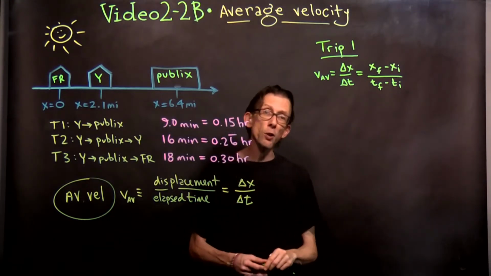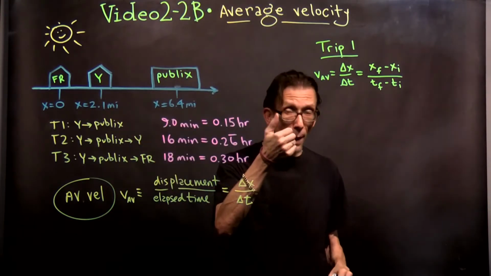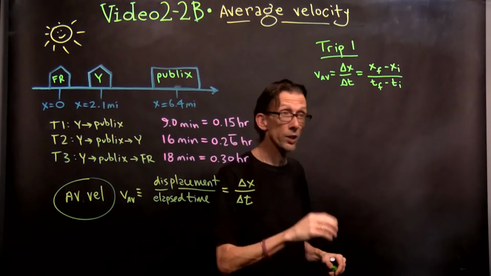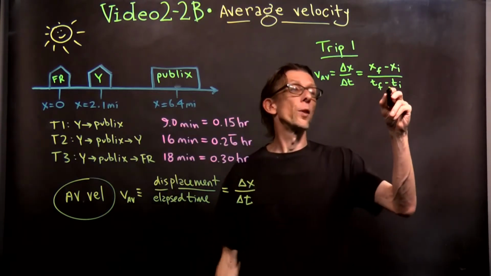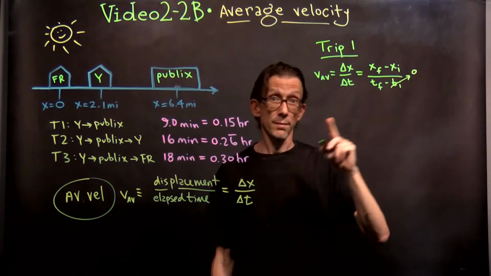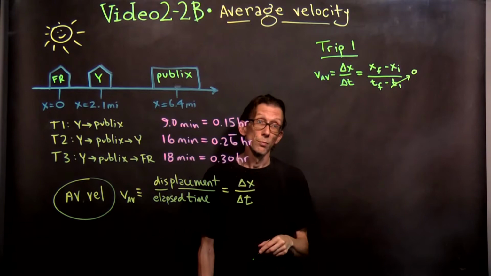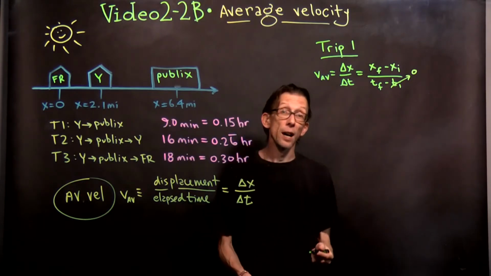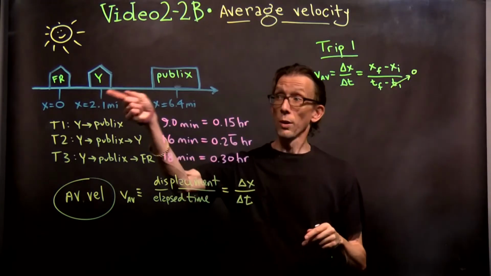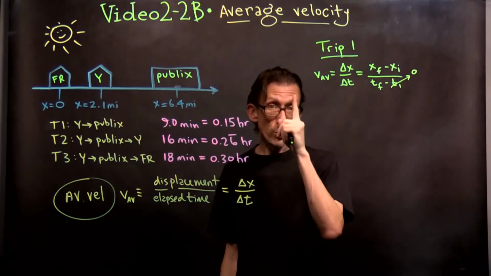Now we're going to assume in all three cases that we start our stopwatch when you leave your house. That's when the clock starts to run. So t initial for us in this example, not in all cases, is going to be 0. The final time is what your stopwatch shows when you get to the end of your trip. The initial time is what the stopwatch shows when you started your trip.